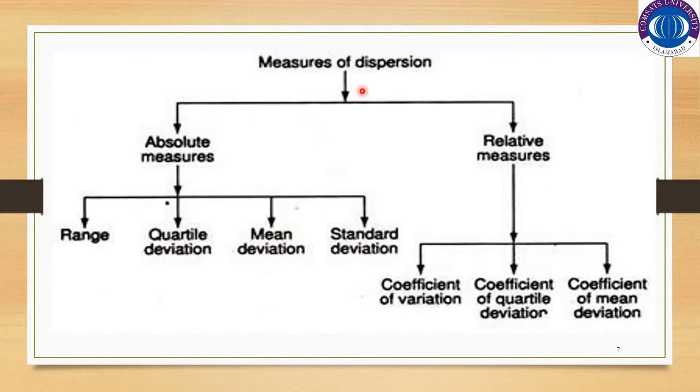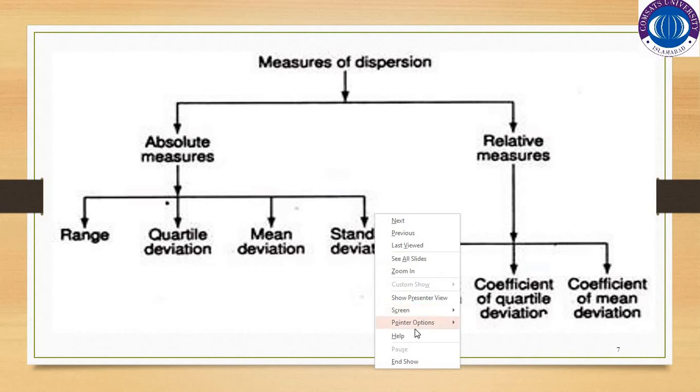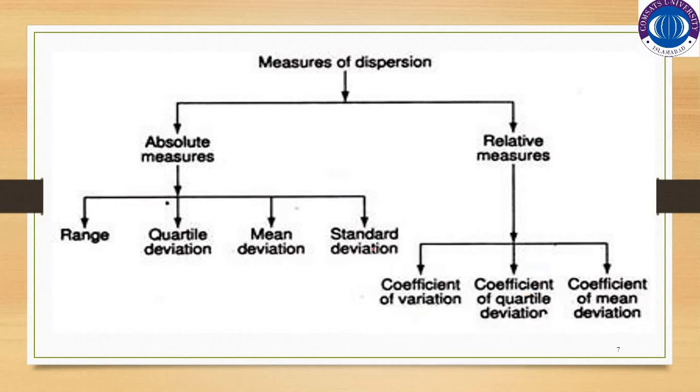As we know, there is absolute measure of dispersion and there is relative measure of dispersion. In absolute measure of dispersion, we include range, quartile deviation, mean deviation, variance or standard deviation. We will discuss in the next part what the difference is between variance and standard deviation.